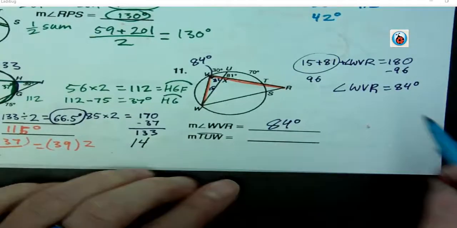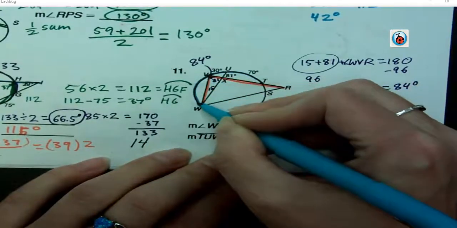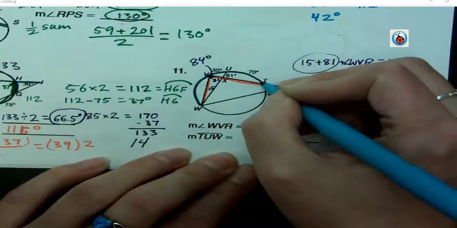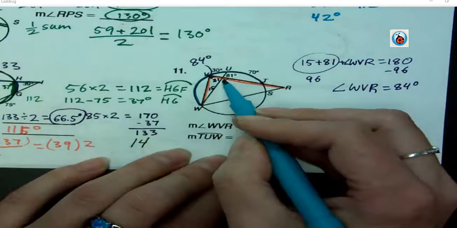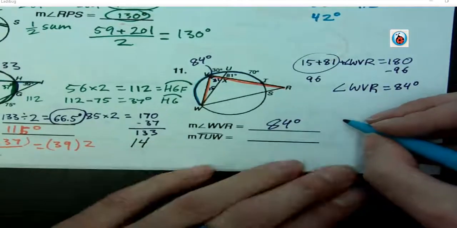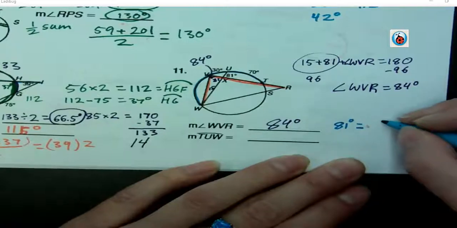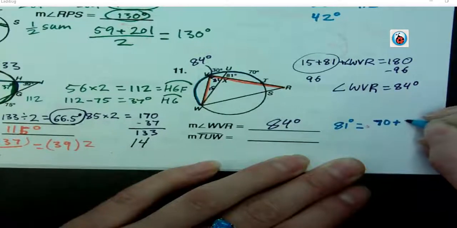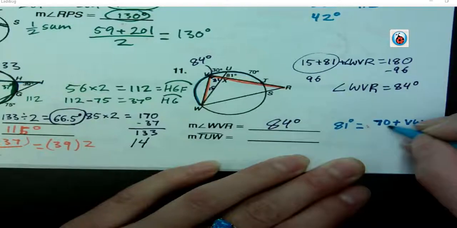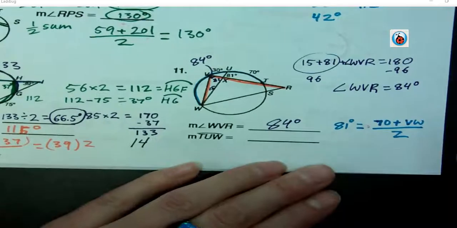Now TUW means I'm coming all the way around here. So again, I have some options. I know 81 is in the middle, so I could do 81 degrees equals half the sum. Sorry, half the sum. So 70 plus VW divided by 2. And I could solve it out that way.